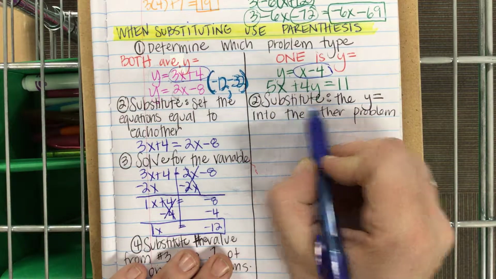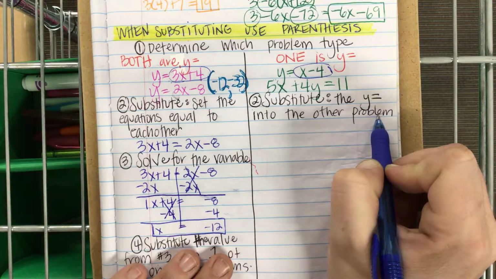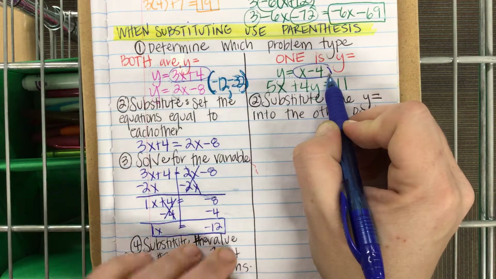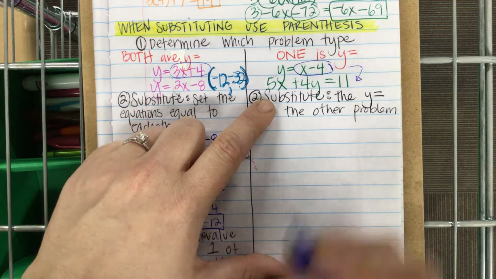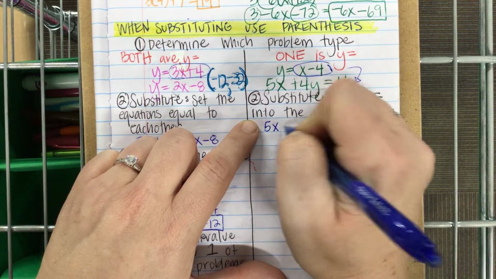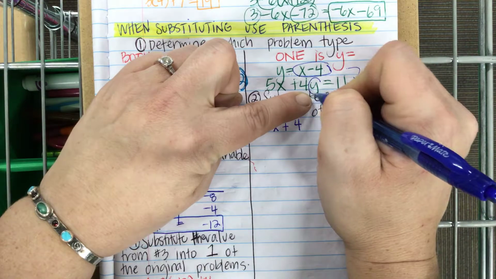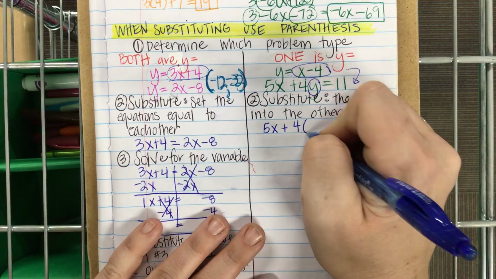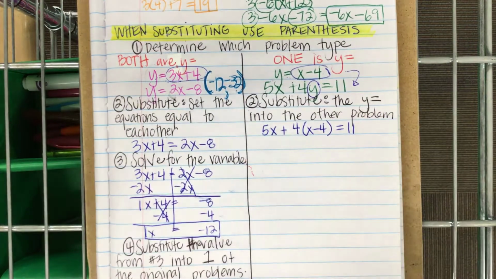So I'm going to substitute the y equals into the other problem. So y equals x minus 4 goes into this problem, meaning 5x plus 4, but instead of the variable y, what can I put? X minus 4 equals 11.